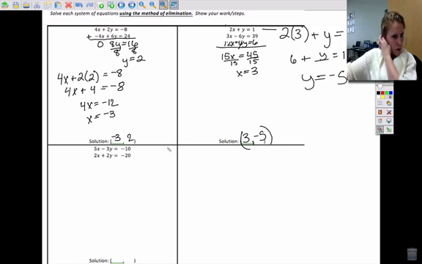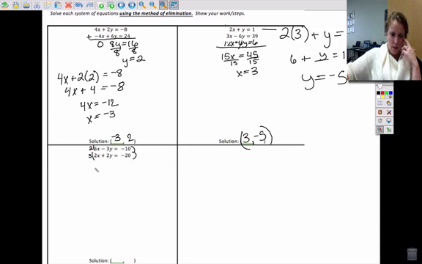Okay, final one here. We're going to have to manipulate both of these equations. I do see a negative and a positive, so I'm going to go ahead and eliminate the y's. To get those to the same number, we have a common multiple of 6. So I'm going to multiply this top one times 2, and this bottom one times 3.